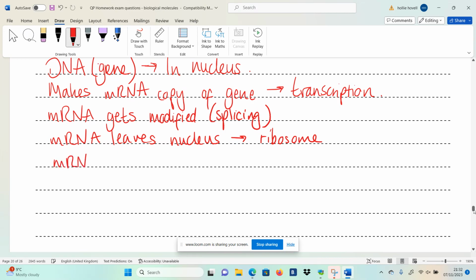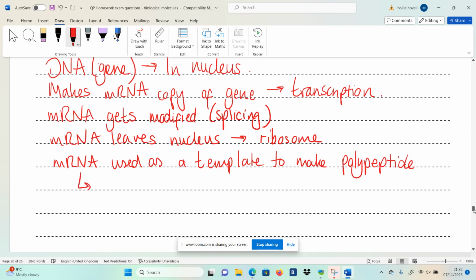So the mRNA is used as a template to make a polypeptide. So that process is called translation. You could just put a tiny bit about translation, something like the tRNAs bring the amino acids.